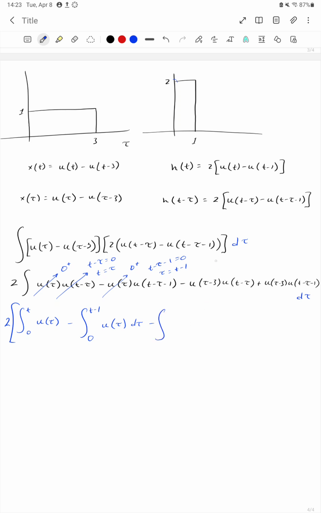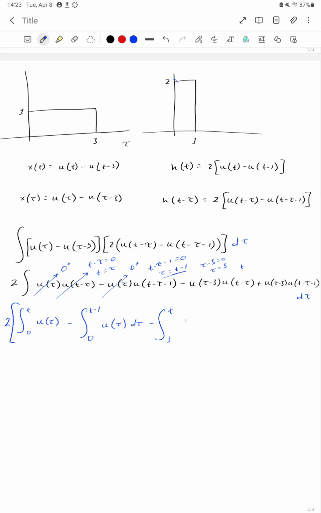Now the next section is going to be tau minus 3. Well, there's no t on this one, right? So if tau minus 3 is equal to 0, then tau is equal to 3. So the lower limit of integration is going to be 3, and this is going to be t minus tau, so this is going to be t.